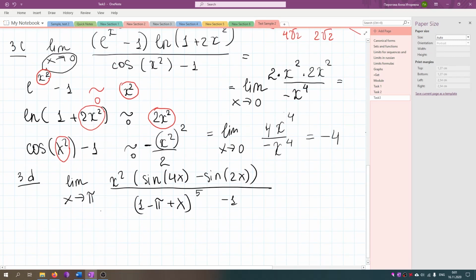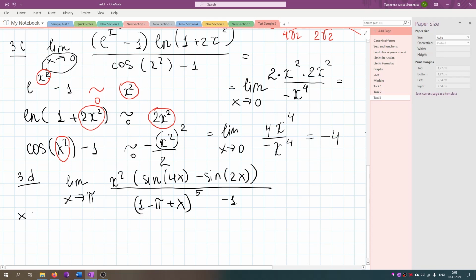So what do we see here? We see some functions like sine x, and we want to replace it with some equivalent ones, but we have that x converges to pi, and this means we need to introduce a new variable that will converge to 0. So we could use our equivalent functions.